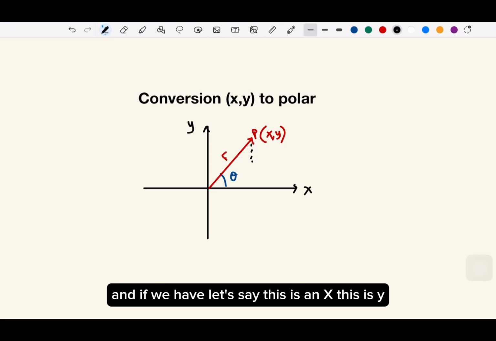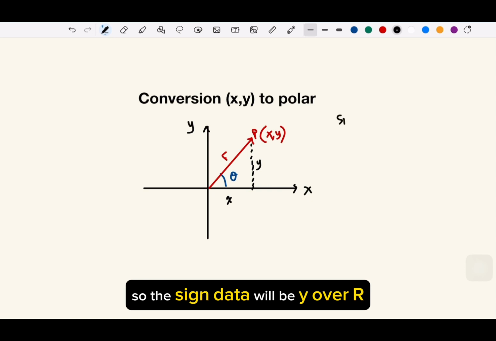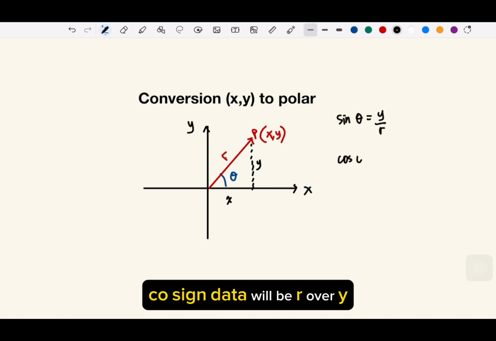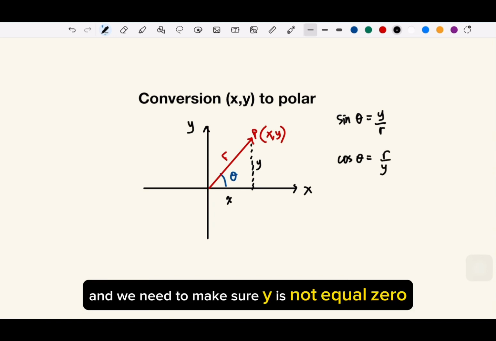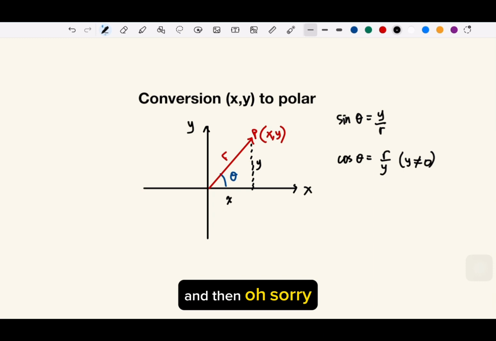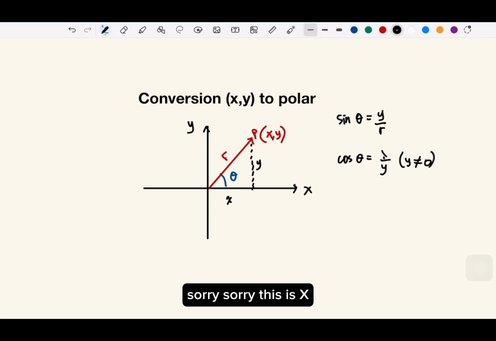And if we have, let's say, this is x, this is y, so sine theta will be y over r, cosine theta will be x over r, and we need to make sure r is not equal to 0. Oh, sorry, this is x.